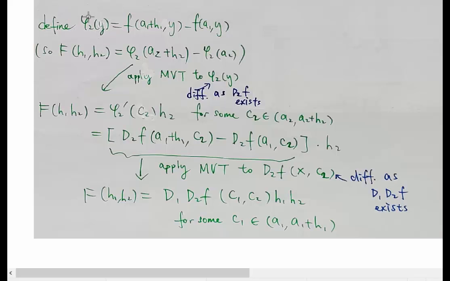So this time we define the function phi2 as the right hand side, and then we apply the mean value theorem to get the difference of the first order partial derivatives. And then we apply again the mean value theorem to get the second order partial derivatives. And finally we arrive at the same function capital F, but the right hand side has been interchanged to D1 D2 f at a certain point c1, c2.